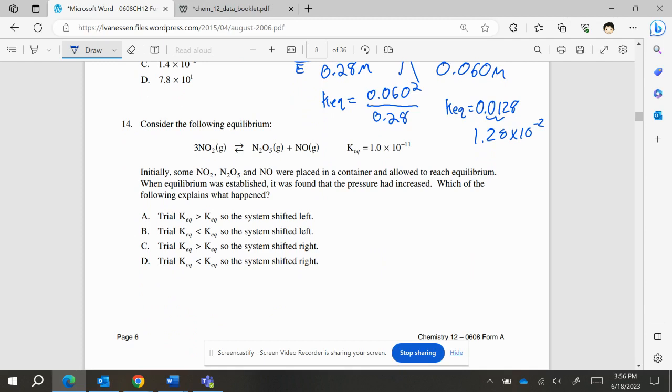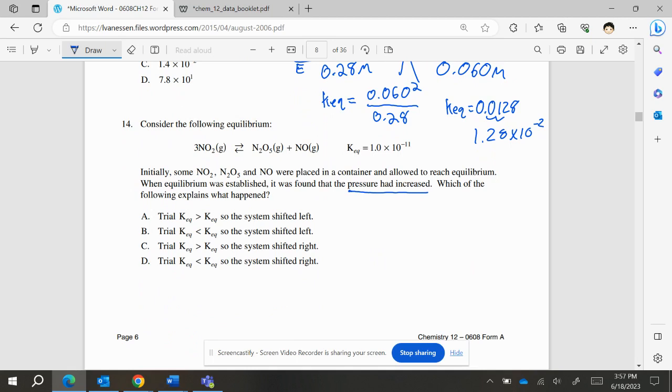Number 14. Initially, some NO2, N2O5, and NO were all placed in a container allowed to reach equilibrium. When equilibrium was established, it's found that the pressure had increased. Okay. Which of the following explains what happened?